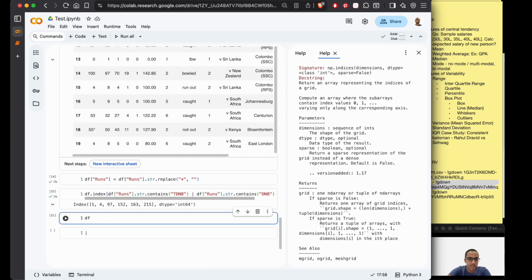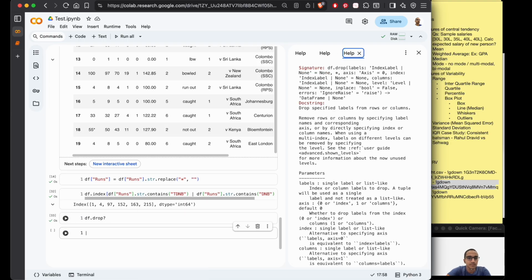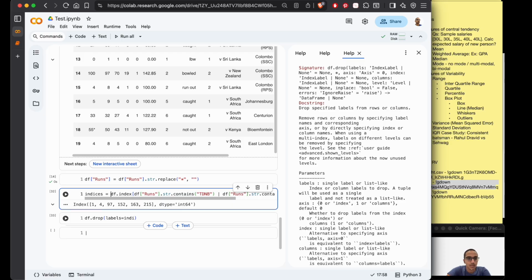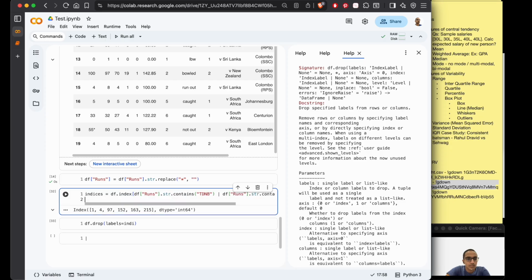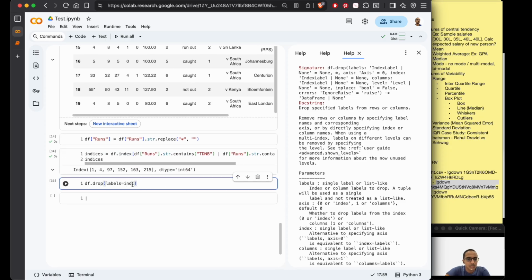So all we'll do is df.drop. It takes in labels, a list of labels, which is our indices. Okay, let's assign this. So those are our indices, and we'll set the axis as well.